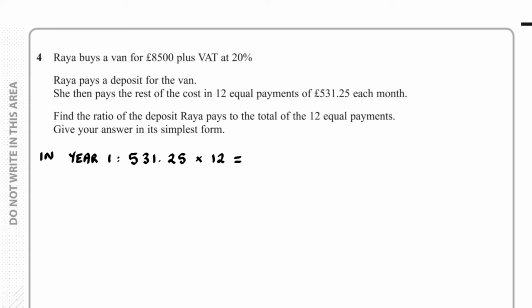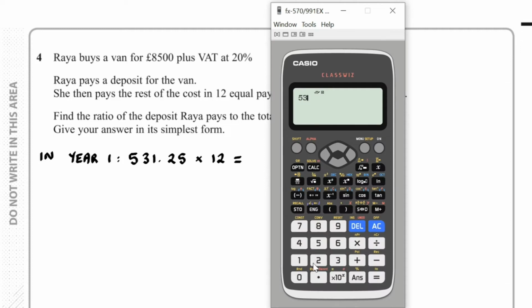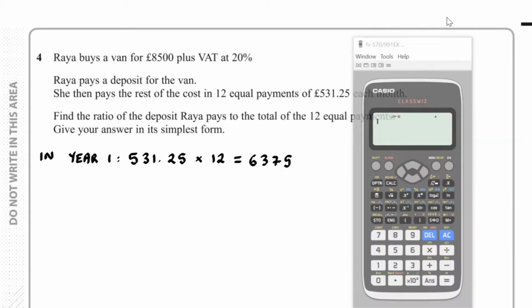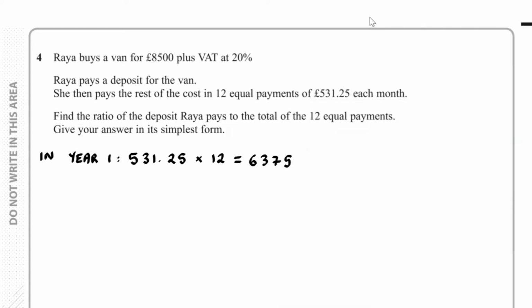And if I work out what this is, it turns out we have 6,375. So what does this represent? Well, it represents a total of 12 equal payments. And now what we can do is find the cost of the van.